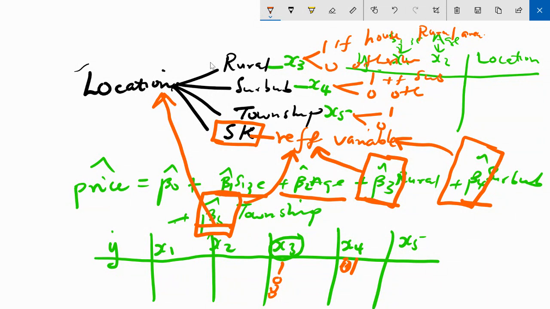Remember, I explained that whenever you interpret beta 3, beta 4, beta 5, you must talk about the reference variable. We go to beta 5. If the house is from a township, it's expected to cost a certain amount compared to a house which is from a squatter camp, holding constant the other independent variables. But now we're going to an example. I think that example will make our life easy.